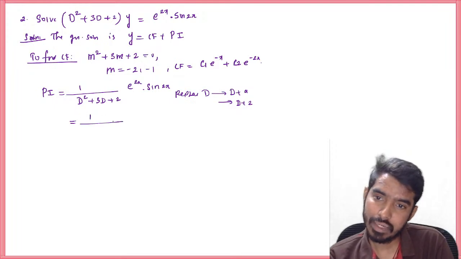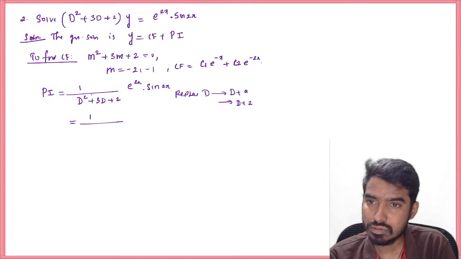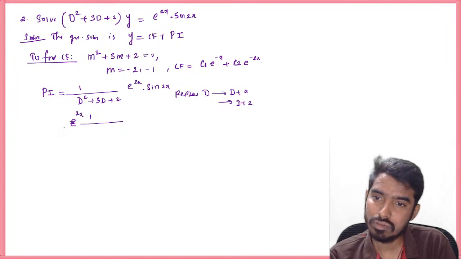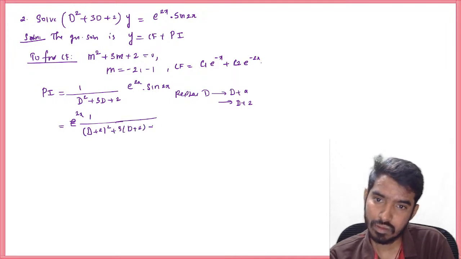So this e power 2x work is done now. So this will be 1 divided by D plus 2 whole square plus 3 into D plus 2 plus 2, of sine 2x, right?